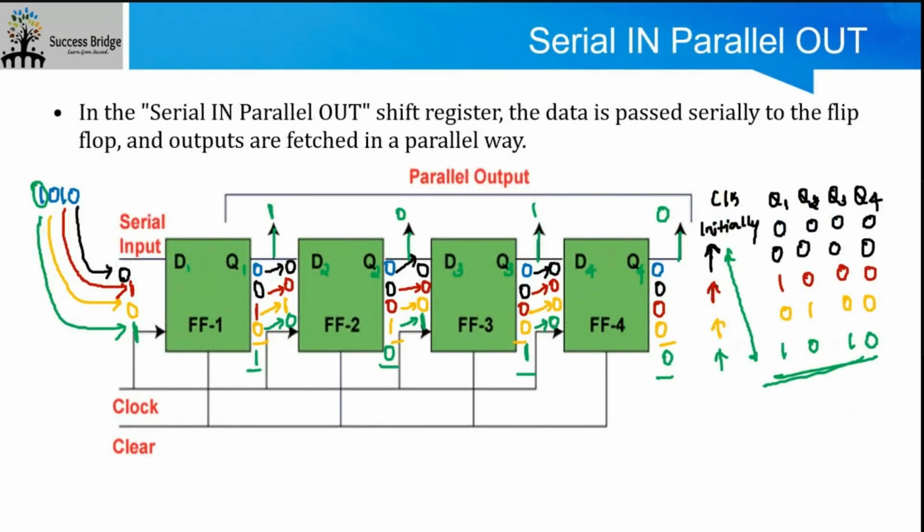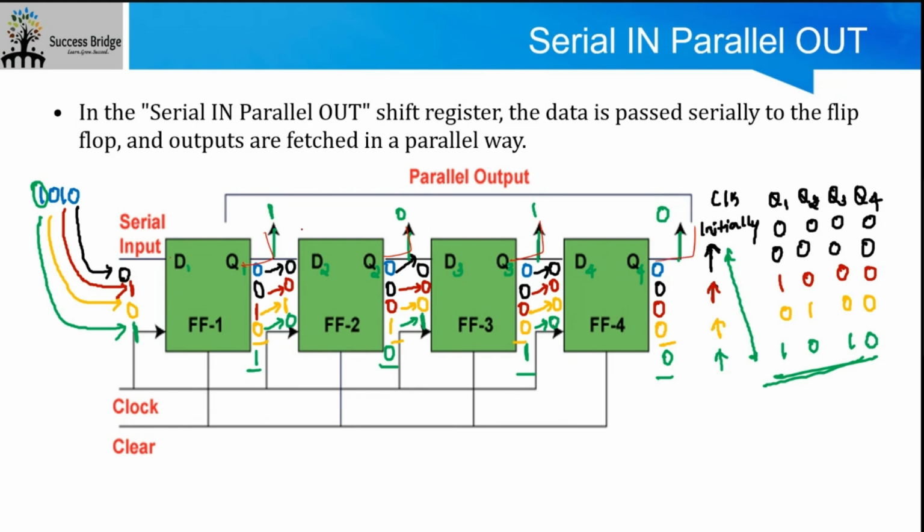Next, serial in, parallel out. That means you don't want to wait until the last flip-flop output. Instead, you can collect the output of every flip-flop at this stage only. So you are giving a 1010 value.